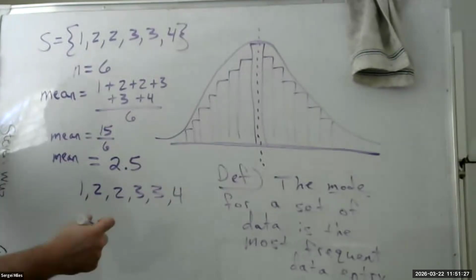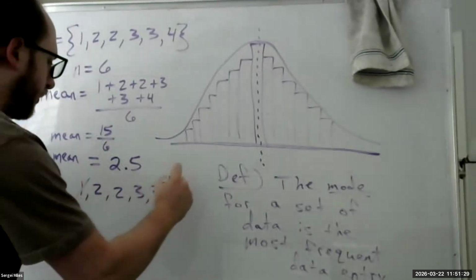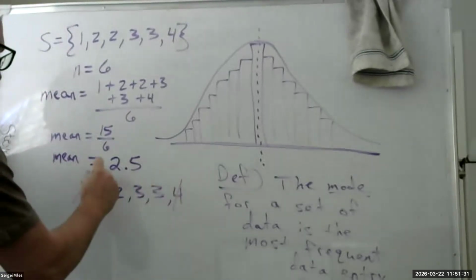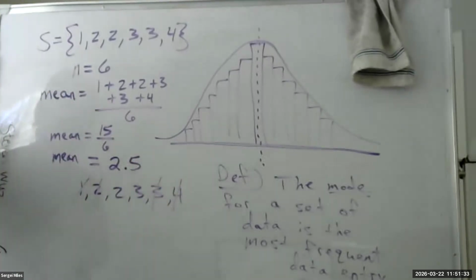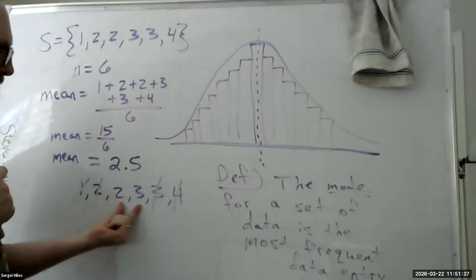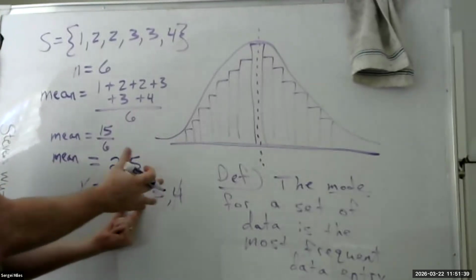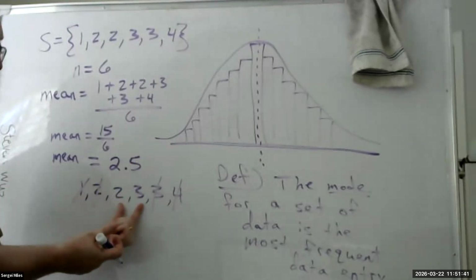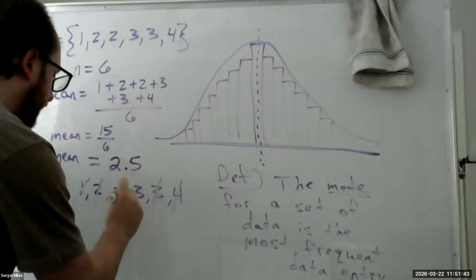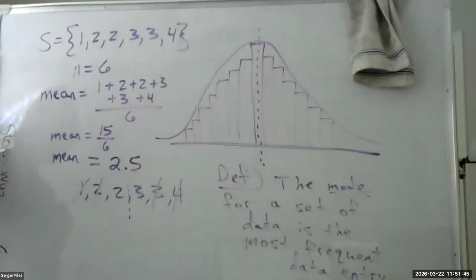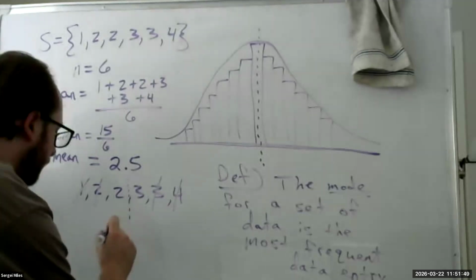And so in the case of this sample I just made up, if I want to find the middle, I'm quite literally just going to cross out points until I get to the middle. So I've crossed out 2 from the top, 2 from the bottom, but now, because I have an even number of data points, my middle is exactly between 2 and 3. So what should the median be?